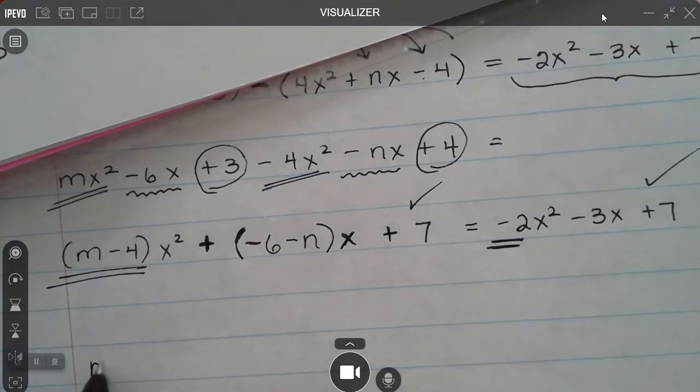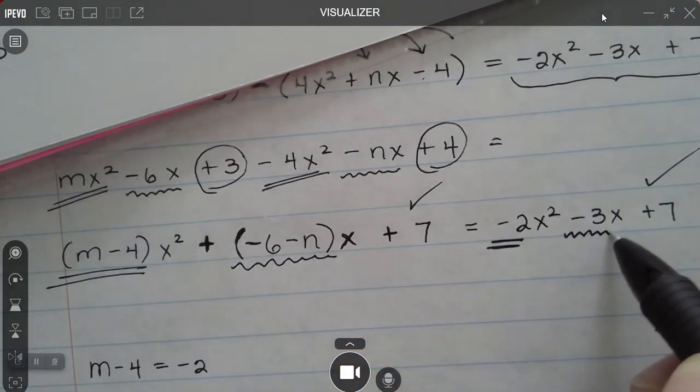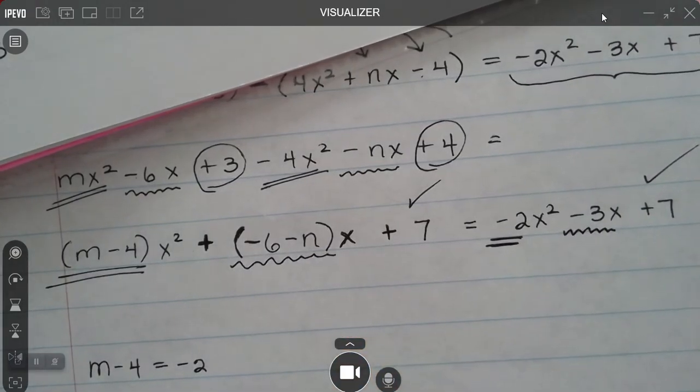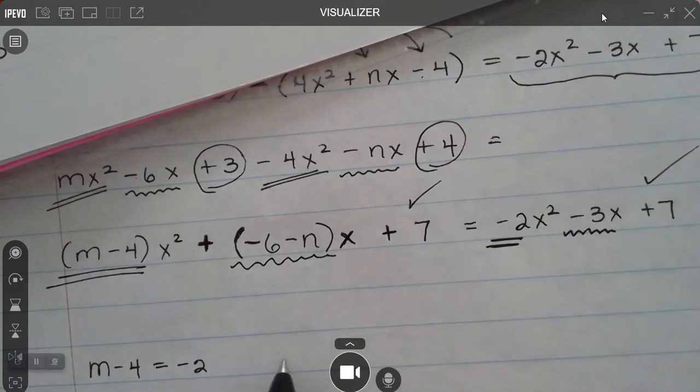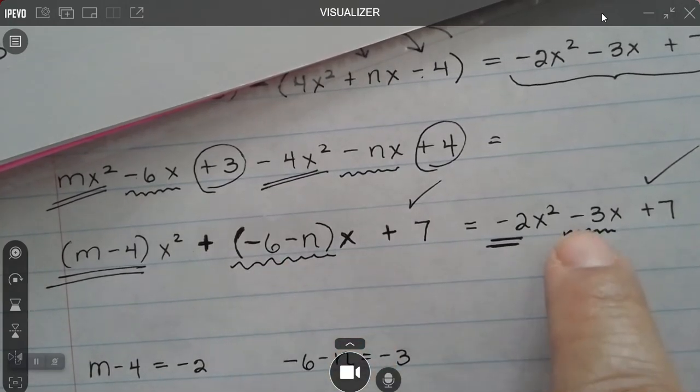M minus 4 should be equal to negative 2. And the negative 6, negative n should be equal to the negative 3. Right? Because that's the coefficient in front of the x. And that's the coefficient in front of the x.